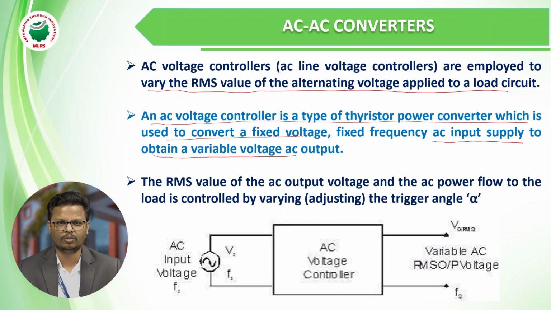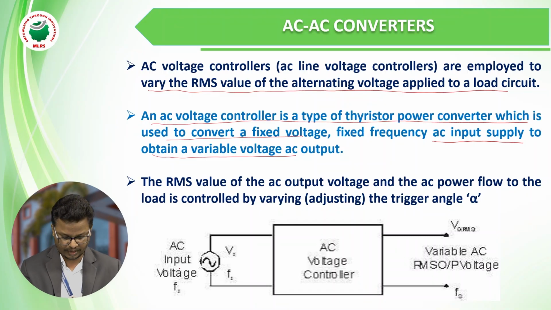How do we change the AC output voltage, to step it up or step down? By changing the firing angle of the power electronic devices, the output voltage will increase or decrease. Here is a small block diagram of the AC to AC converter.